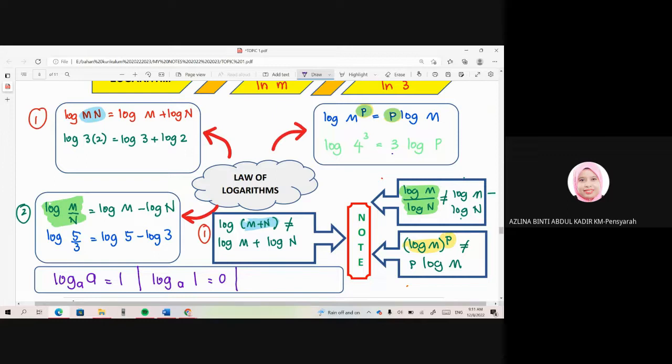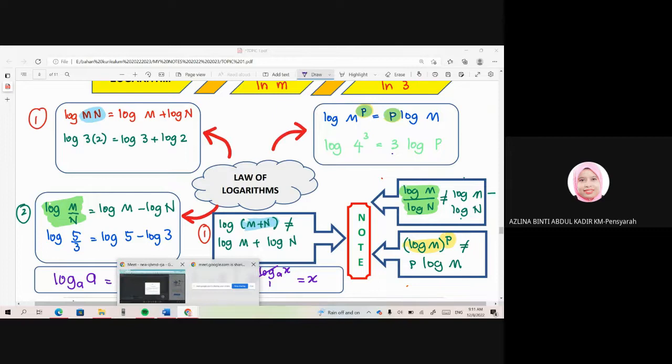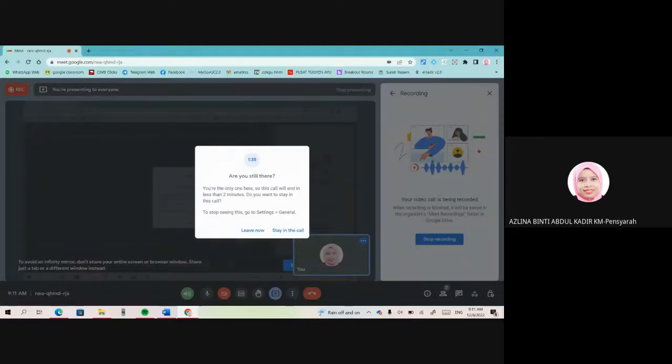And then we have a to the power of log x base a is equals to x. That means the base a and a can be cancelled out, so 1 times x is equals to x.